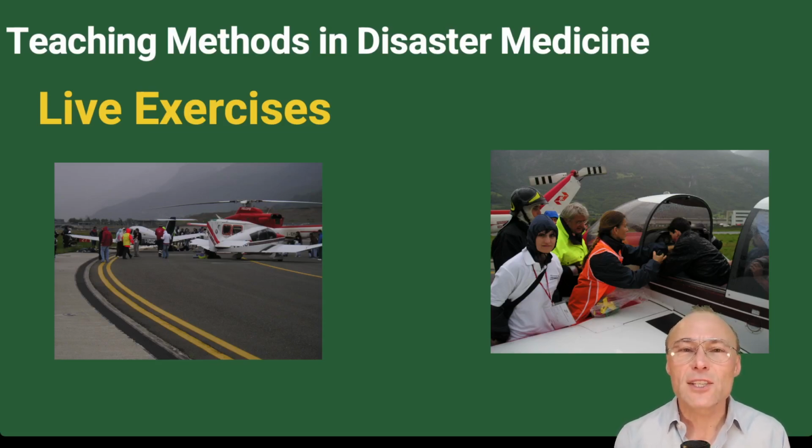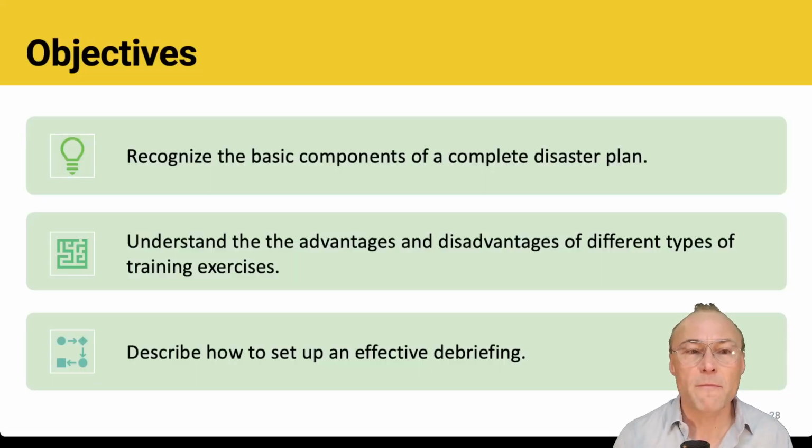Interestingly, the step between the ambulance bay and the outside was probably about 2 centimeters high, which was easy for an ambulance to negotiate, but virtually impossible for a wheelchair or stretcher. And that's the sort of thing that sometimes you can't find except in a live exercise. Live exercises, of course, the problem being they're extremely expensive and difficult to organize.